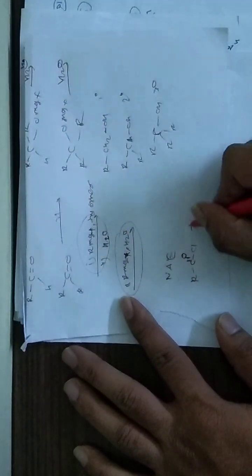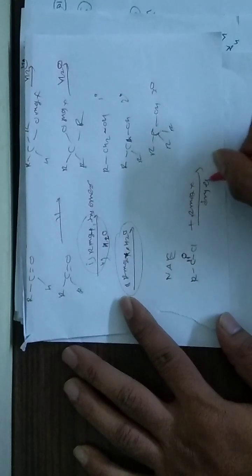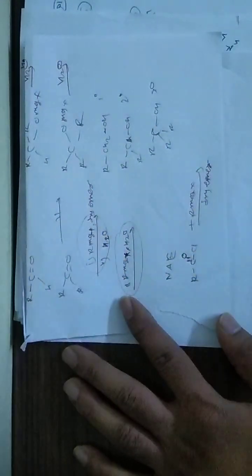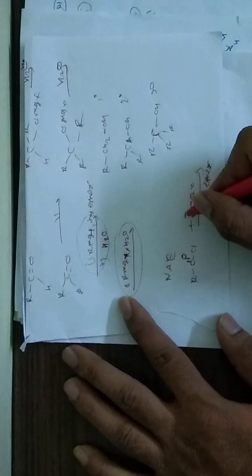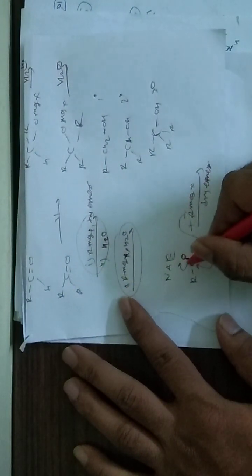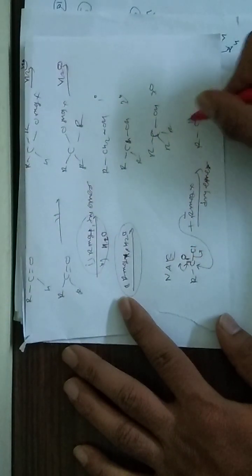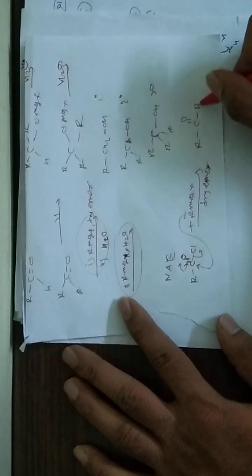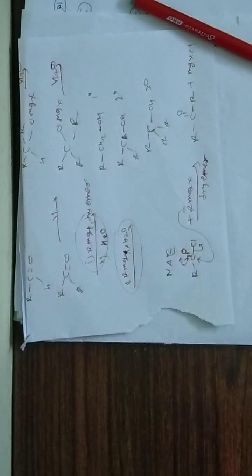If I add Grignard reagent in dry ether as solvent, here there is no acidic proton, so this will attack on that carbon. This bond will open, come back, and this chlorine is a very good leaving group. So this chlorine will leave out, and what will form? RC=OR plus MgXCl.